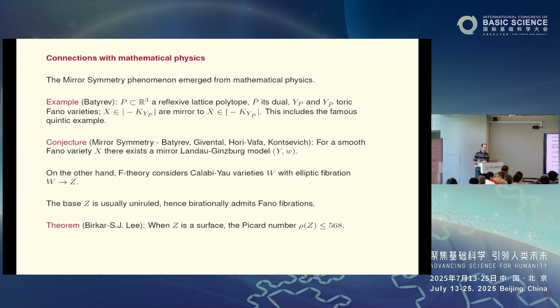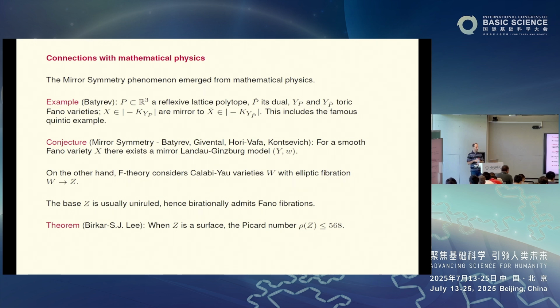And this conjecture says that the geometry of the Fano X is somehow reflected in the properties of this fibration, basically. That function gives you a fibration. So a lot of things have been done in this direction, but of course it's very far from being complete.